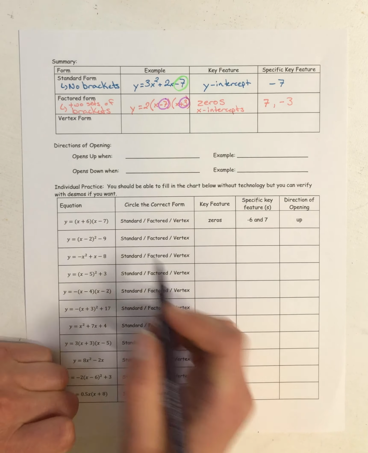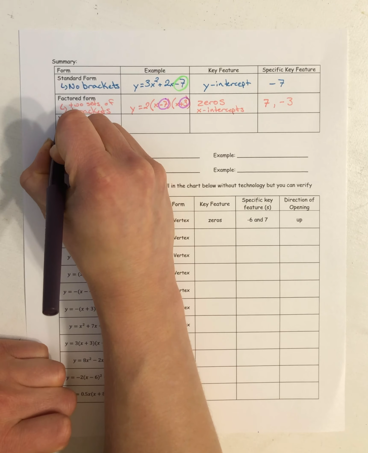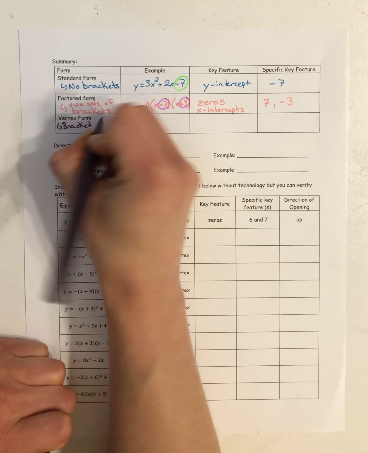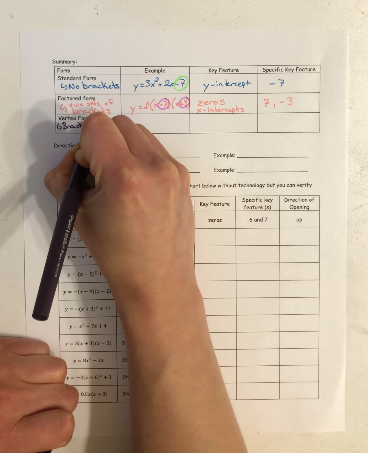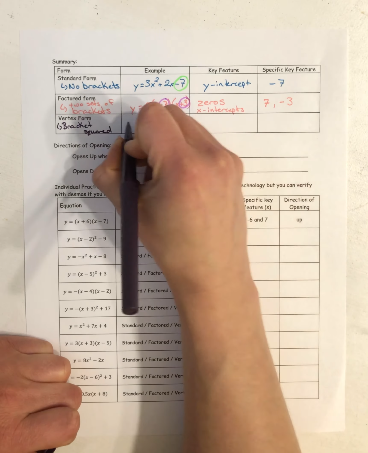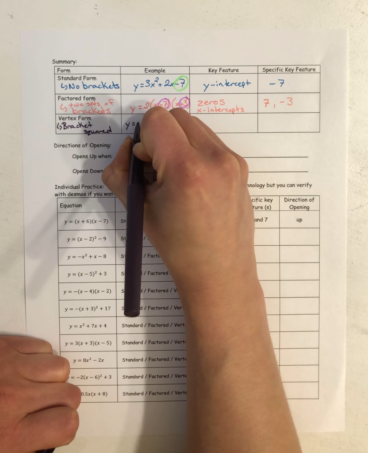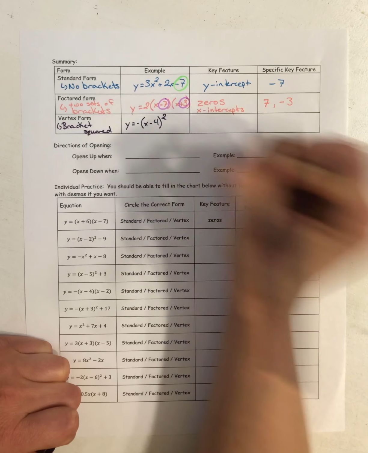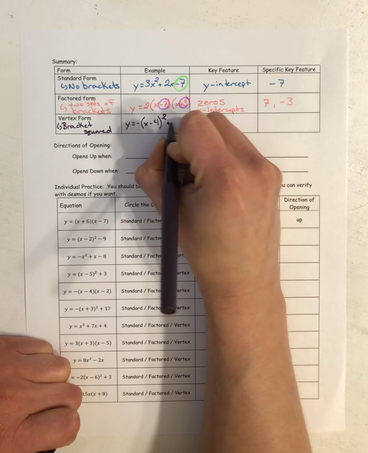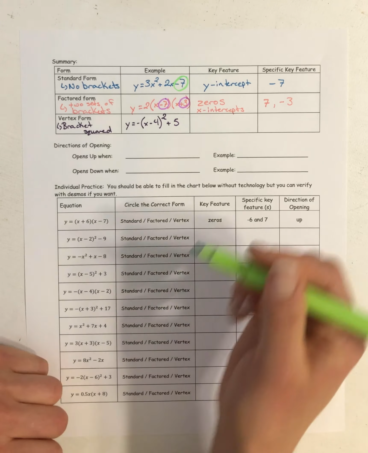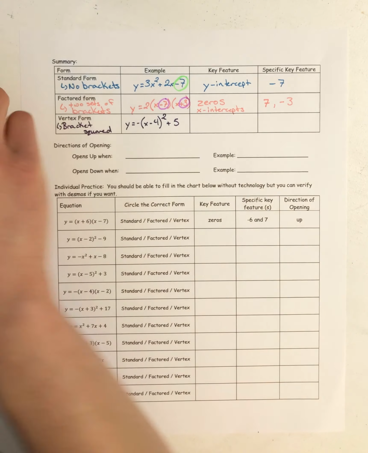And then our last one is our vertex form. We have a bracket squared. Bracket, I'm just going to put it underneath, squared. And what that looks like is we have y equals x minus 4, and that is squared plus 5. So what this gives us is, we'll just use pink here.